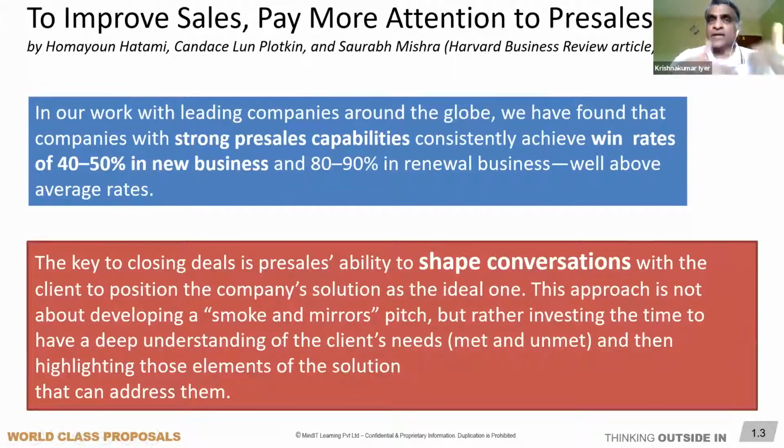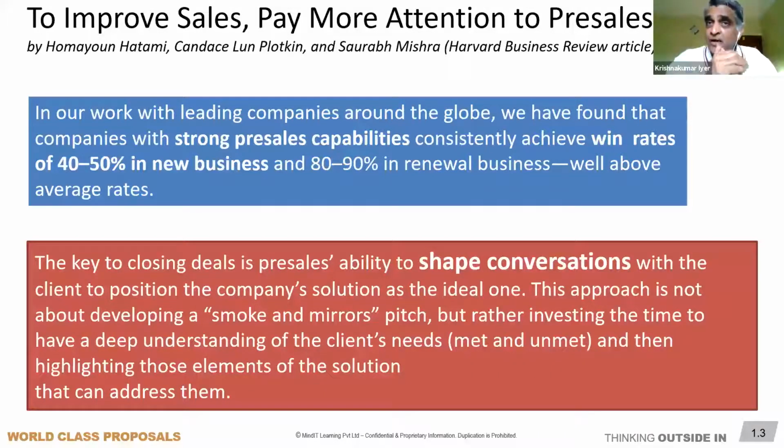Some industry studies I thought I'll just share with you regarding pre-sales and proposal functions. Here is a report in Harvard Business Review conducted by a bunch of McKinsey consultants who talk about how, when you have very strong pre-sales capabilities supporting a sales organization, the win rates can go up to 40 to 50%.